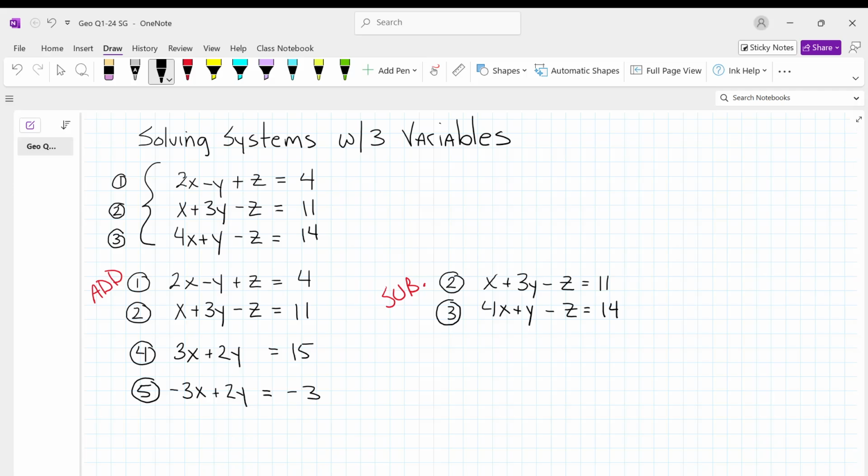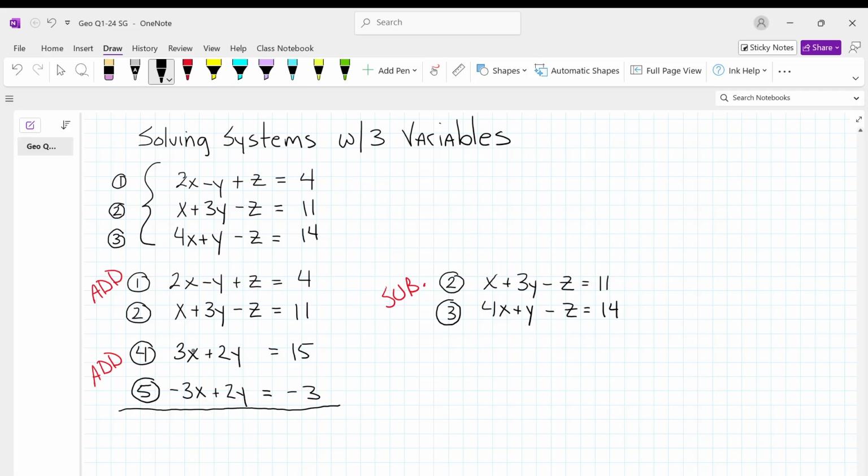So hopefully now you can see where we're headed with this. We've got 2 equations left. And look what has happened. Our x's, when we combine these equations, are going to go away. So again, we're going to add these 2 equations together. Equations 4 and 5.